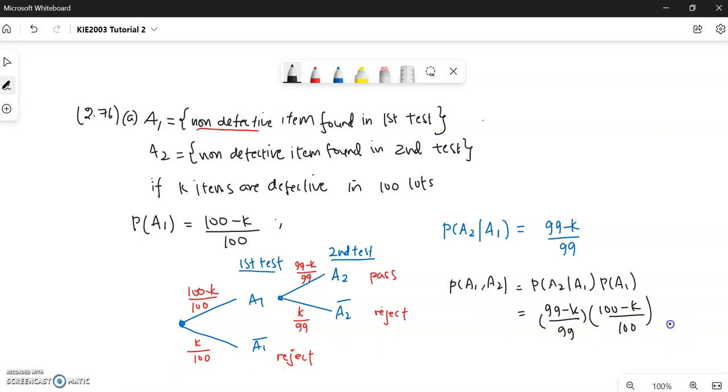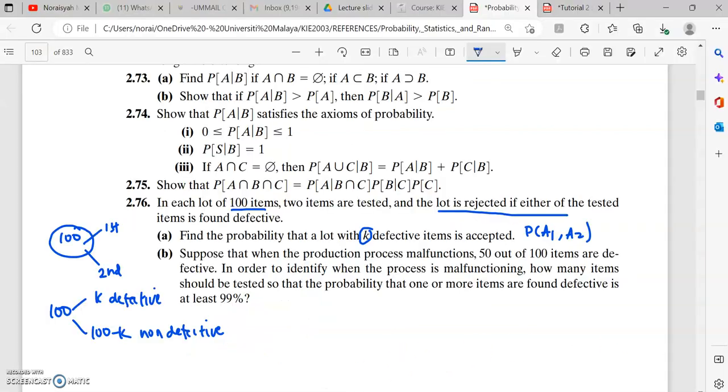Okay, so this is the probability that the lot passed the test. For the second question, suppose that when the production process malfunctions, now 50 out of 100 items are defective.